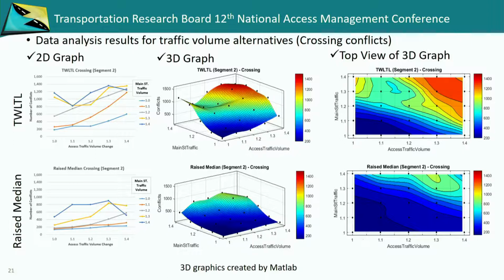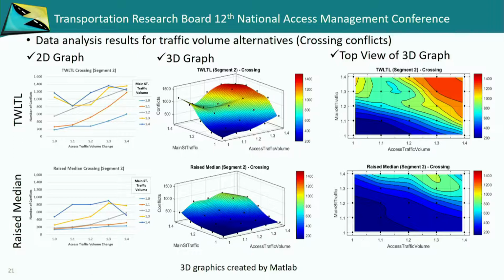The three-dimensional graph was really cool. Frank said never put a three-dimensional graph in here. This is a different kind of three-dimensional graph because it's actually X, Y, Z, where we have three variables here. But we still couldn't really see a lot until we did an overview where we looked on top of that map to see where the colors change, because we've got such a high increase in numbers of conflicts.